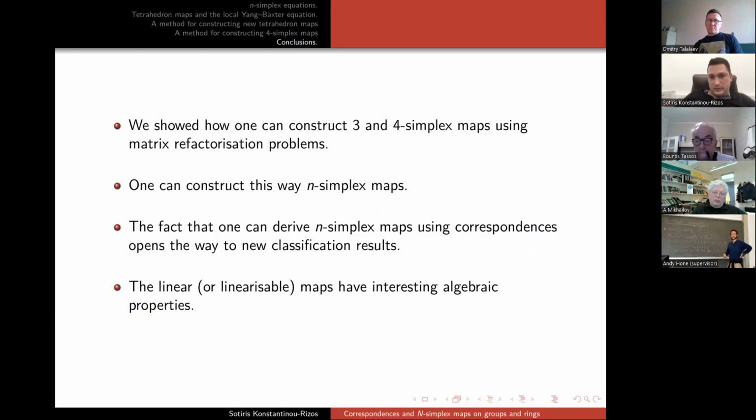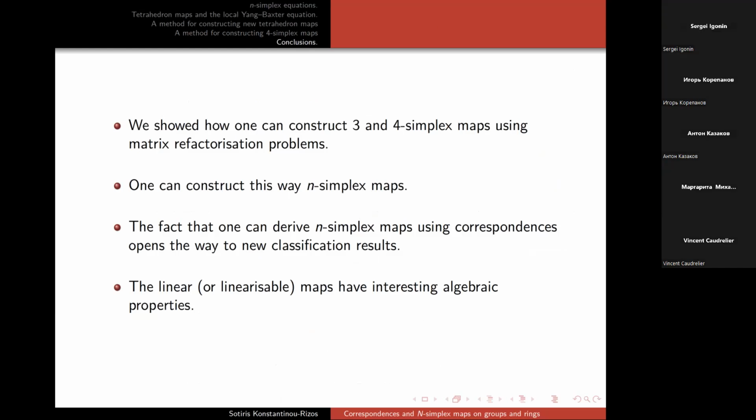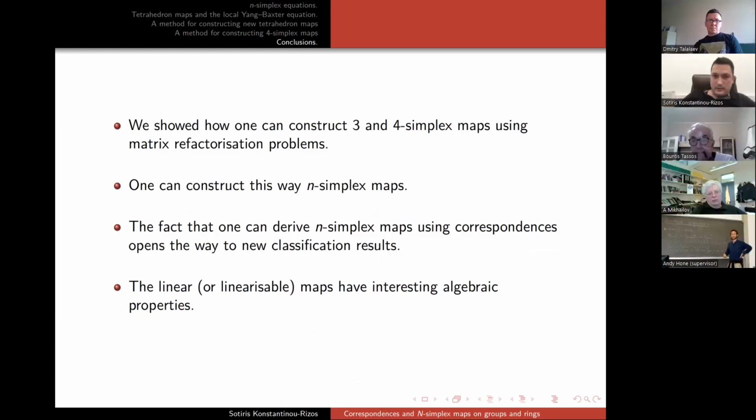But let's summarize. In this talk, we showed how we can construct 3 and 4-simplex maps using matrix refactorization problems with local 2 and 3-simplex equations. In this way, you can construct in general N-simplex maps.